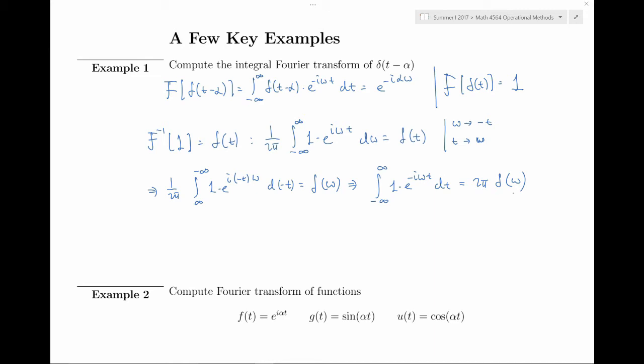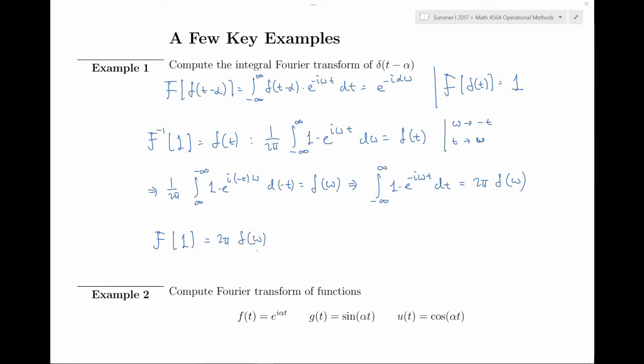It's the frequency 0, and it has infinite amplitude at that 0 frequency because the energy of the signal 1 is spread over an infinite interval. What I arrive at is that the Fourier transform of 1 is 2 pi delta of omega.